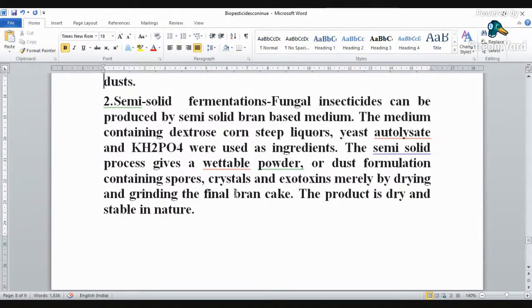The product is dry and stable in nature. So these fungal insecticides are dry and stable, so they can be applied to the crops.